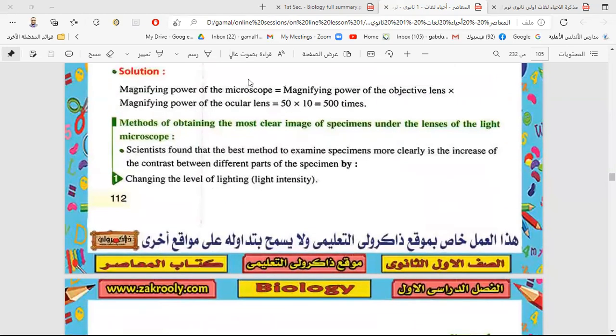Methods to obtain a clear image of the specimen under the lenses of the light microscope.